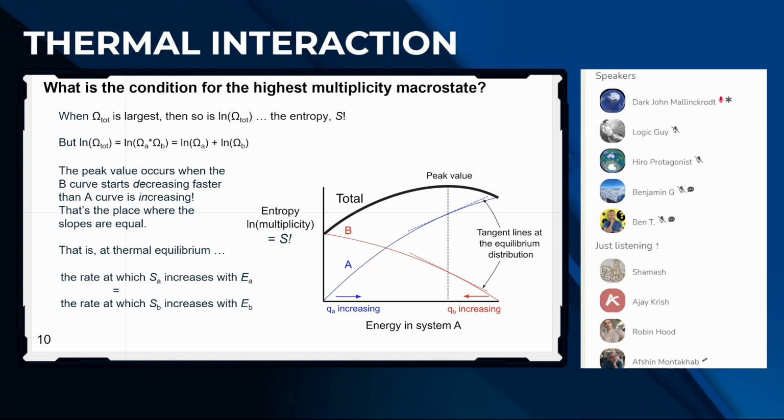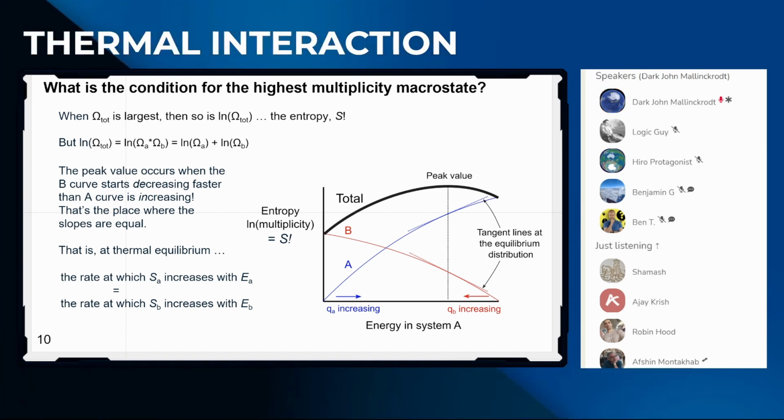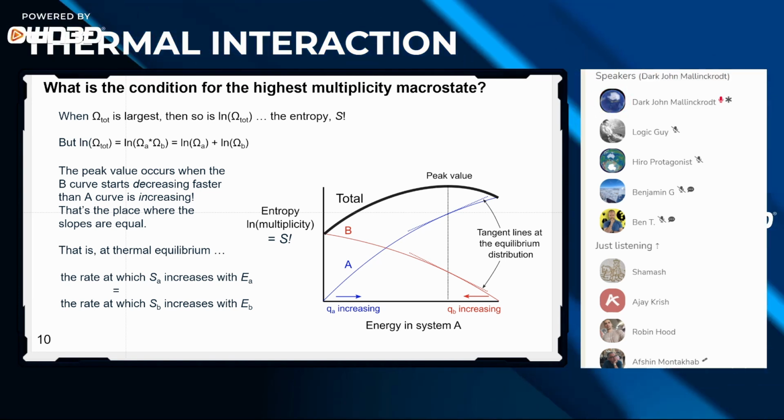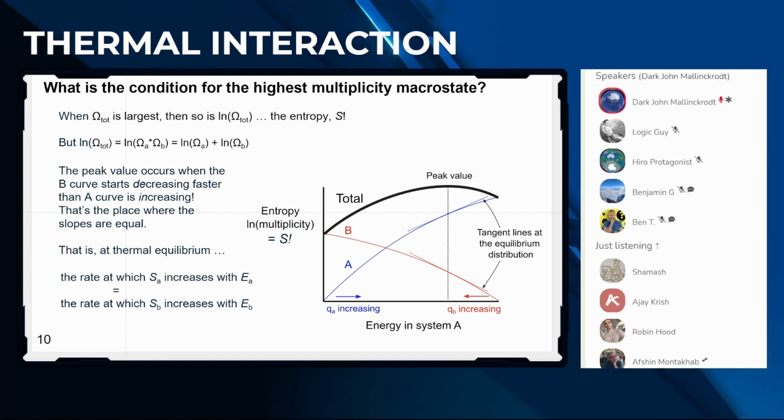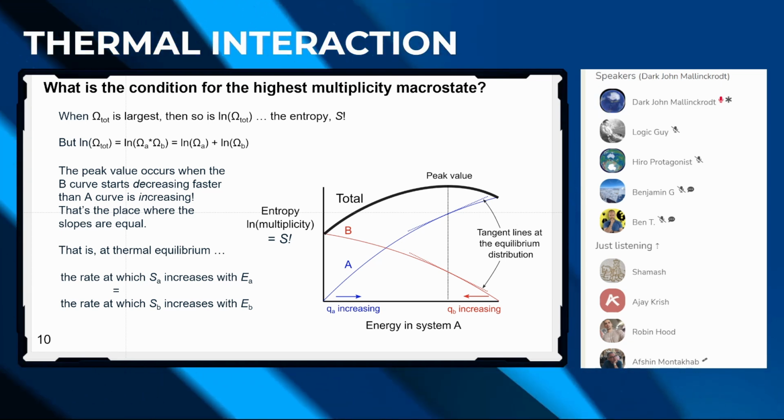When I get to the place where A is increasing at the same rate that B is decreasing, then the total isn't changing. And beyond that point, since B continues to decrease faster and faster, and A continues to increase slower and slower, it starts coming back down.